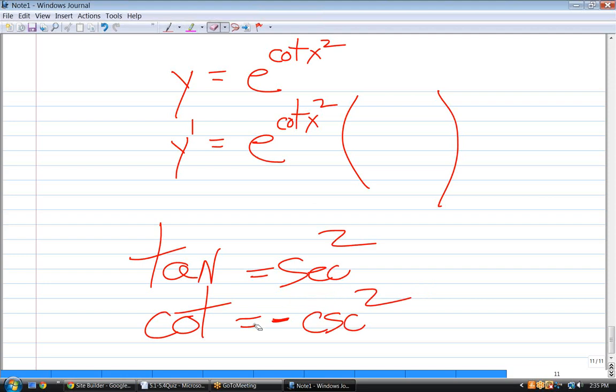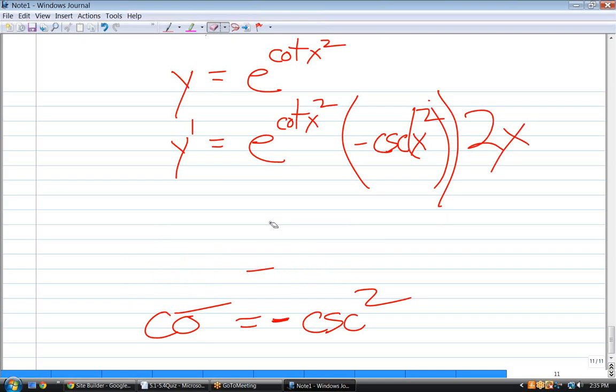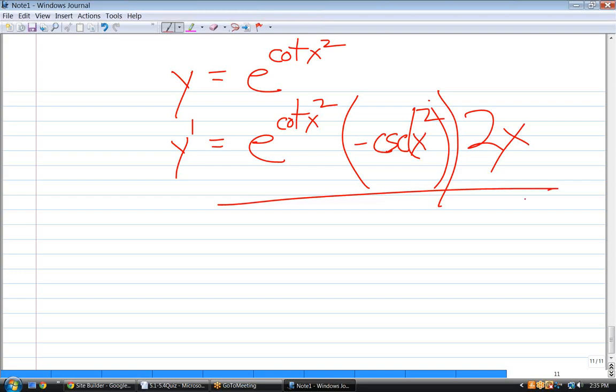So the derivative of cotangent of x squared is negative cosecant of x squared. And then we have one more inside that we haven't applied: 2x. And then that should be one of the answers.